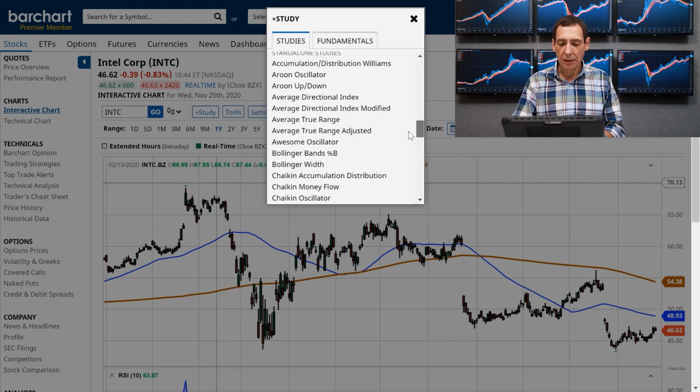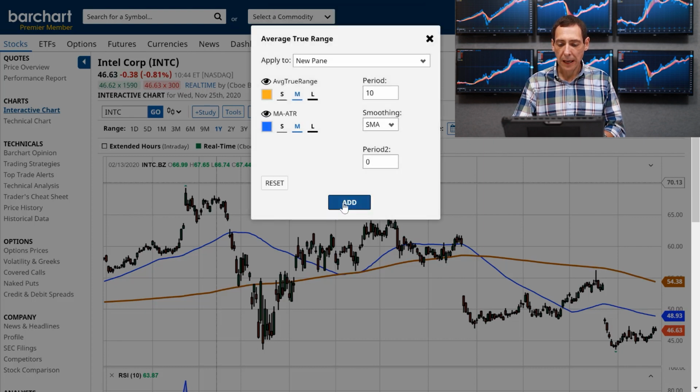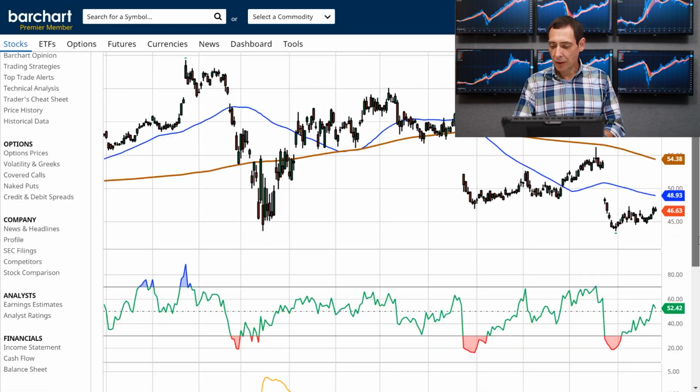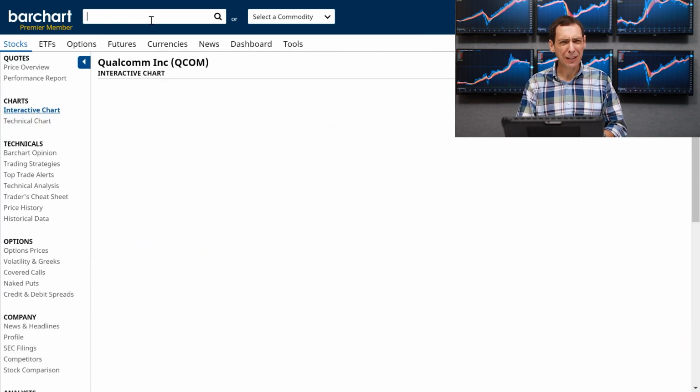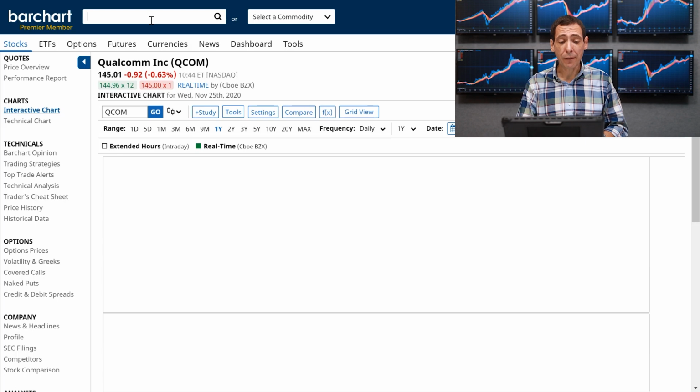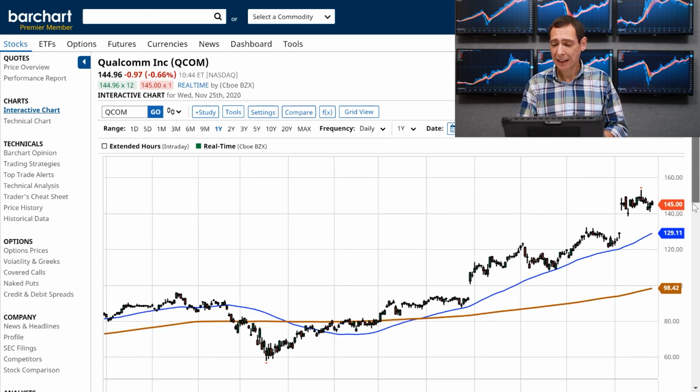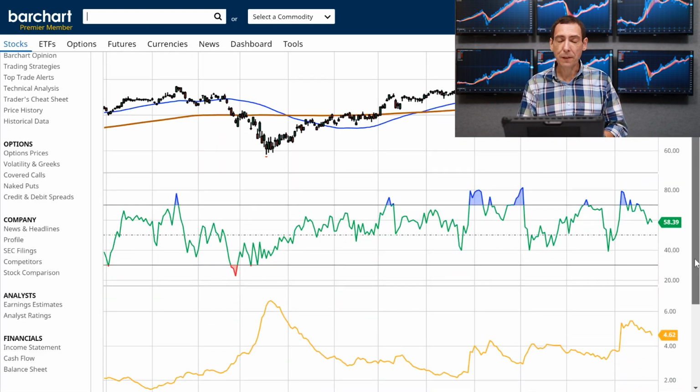Let's see here. There we go, average true range. So Intel is $1.05, and Qualcomm, it's like $4.75, was it? So for every share of Qualcomm you buy, yeah, $4.50.